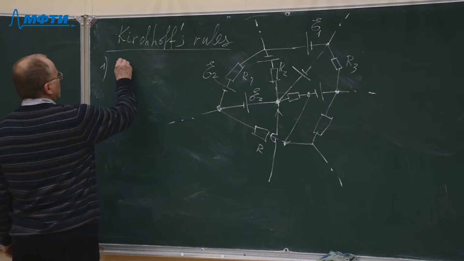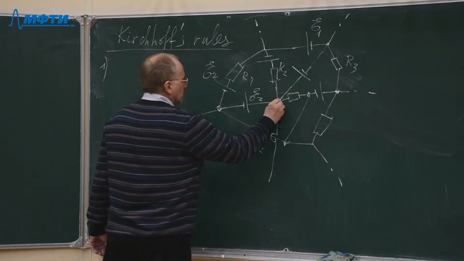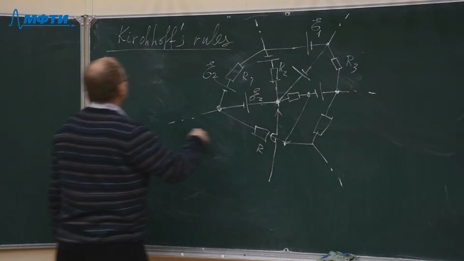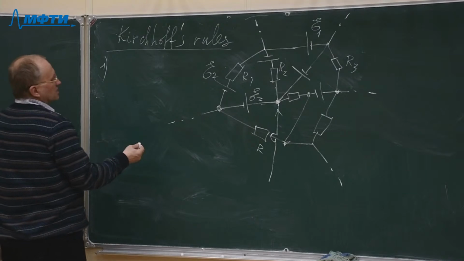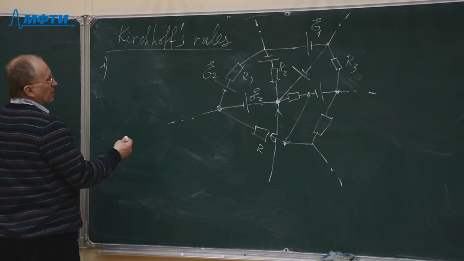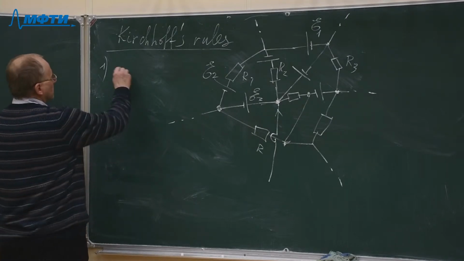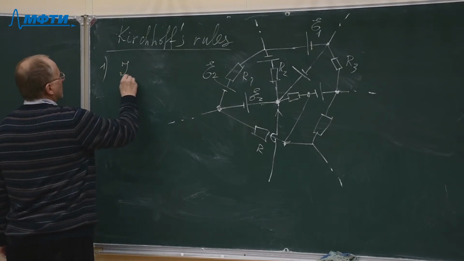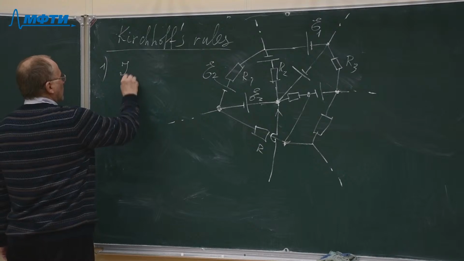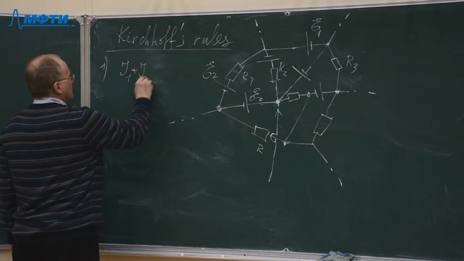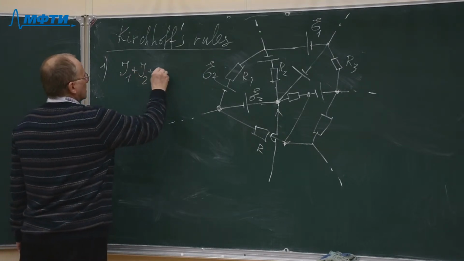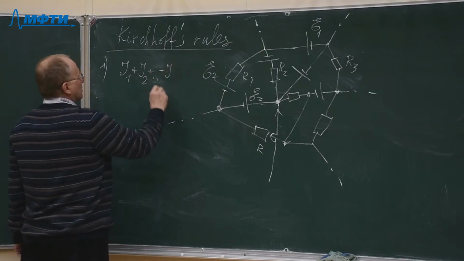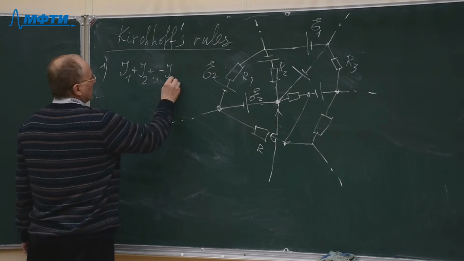So the total current going through this junction, through this point where different wires connect, must be 0. The current which is inflowing must be equal to the current which is outflowing, that is, currents with other signs.